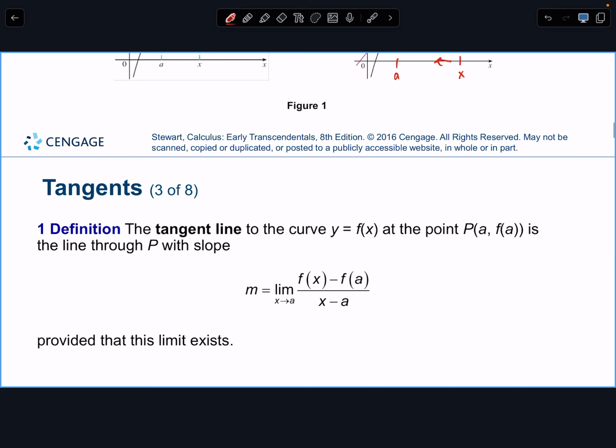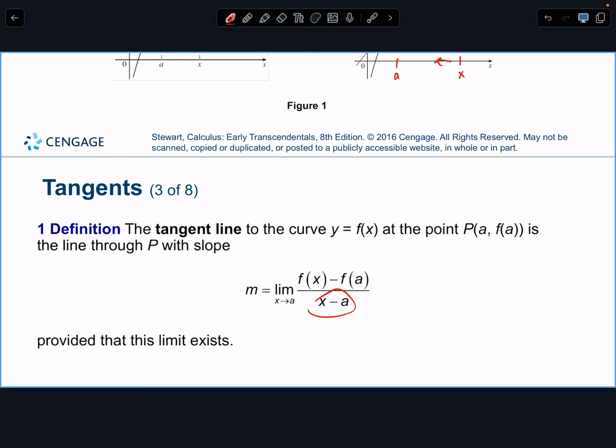At that time, the red line has a slope, and the slope of the red line is this equation here. This is the limit as x approaches a. Now notice, when x gets to a, there is no x minus a, it's 0. That's why, as we talked about last week, it's okay if a function has a hole in the graph, where x is supposed to equal a.